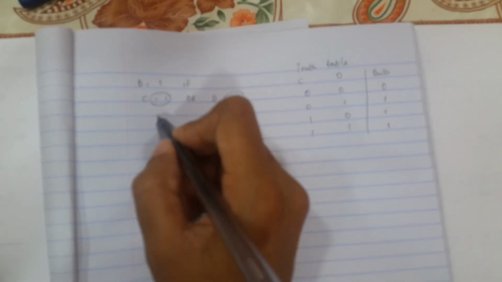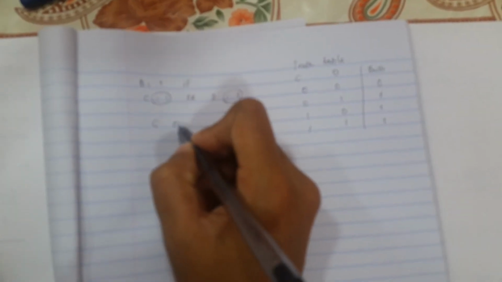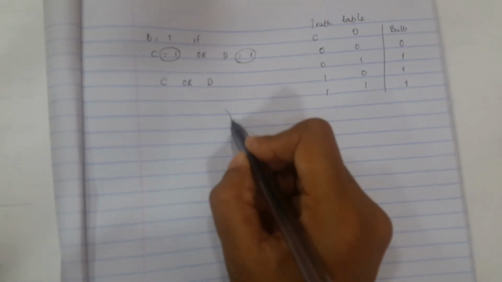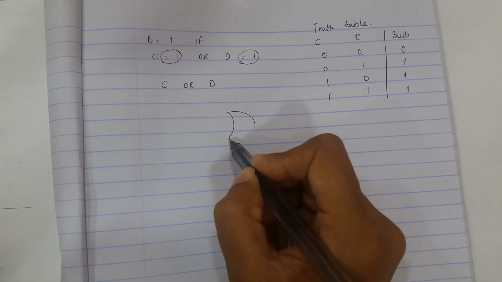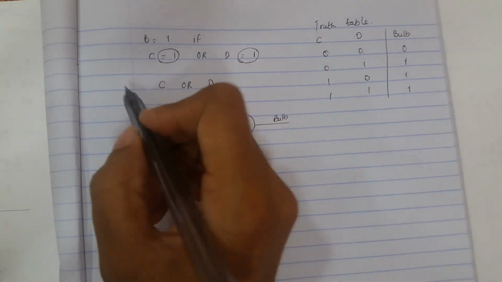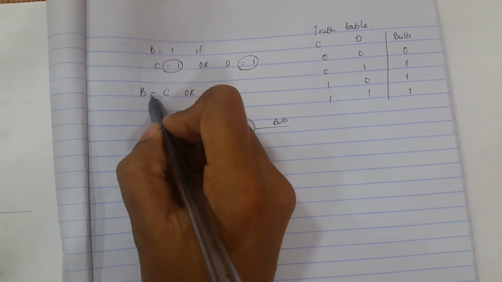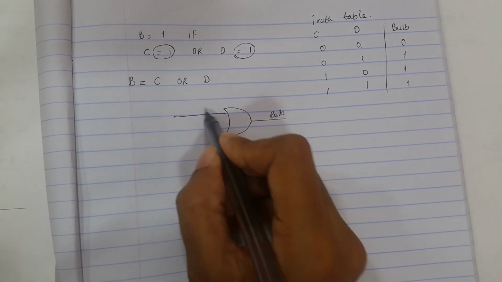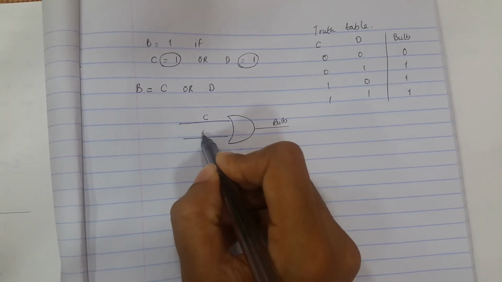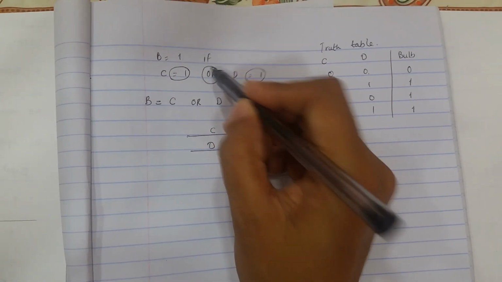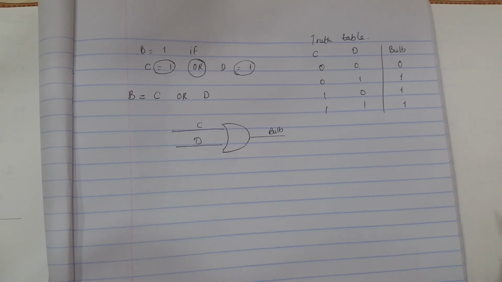So it is going to be C O D, and the circuit will be because it is bulb is equal to COD, it is bulb will be, this is C, this is D. Okay, so you just have to read out what is written as the gate.